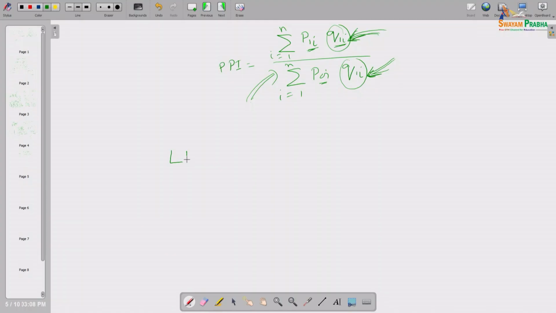One is called Laspeyres's price index, another is called Paasche's price index. Both are important and relevant, and you can consider any of them. But you have to understand the logic. If we twist the Laspeyres price index a bit, let me complete this, then your understanding will be fine-tuned.